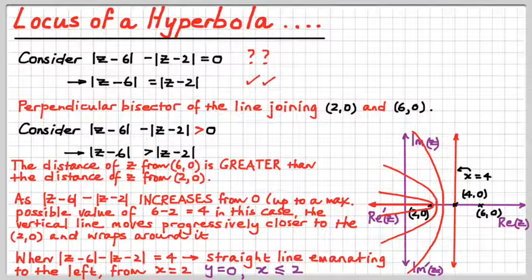And if you think about this, this is the beautiful thing. If you said the distance from Z, take away the distance from 2, is equal to 4, well then, anywhere along this line, you check it out.